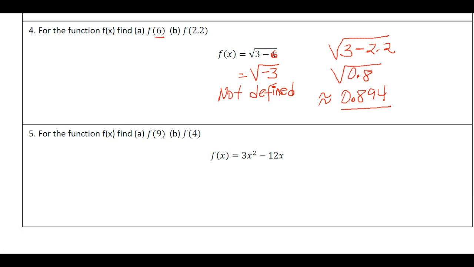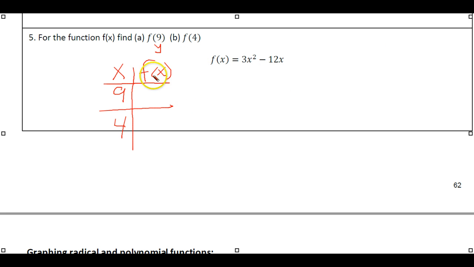As a study aid, and you could do this for any of them, remember we did use T-charts to help organize our data. So here we're replacing the x value with a 9, the x value with a 4 in this rule, this function.